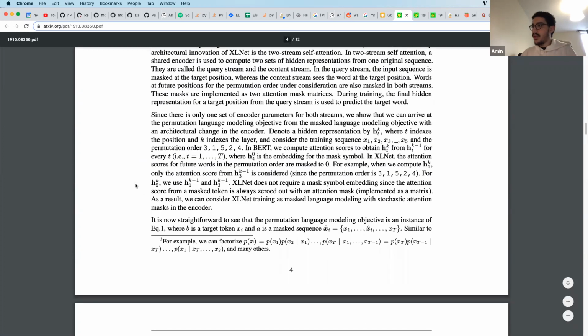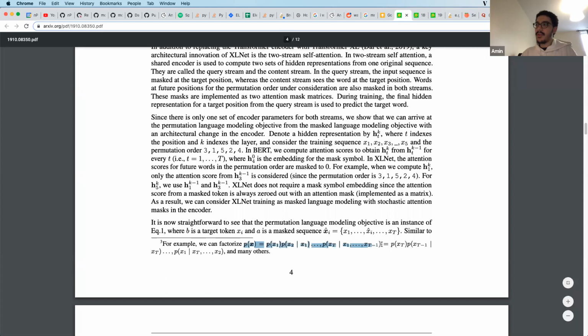So here are a couple of examples of how the joint distribution can be decomposed. In the case of the permutation order 31524, you would have P of x3 and P of x1 given x3 and P of x5 given x1 and 3.